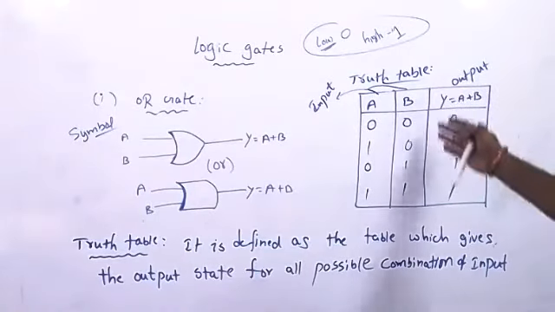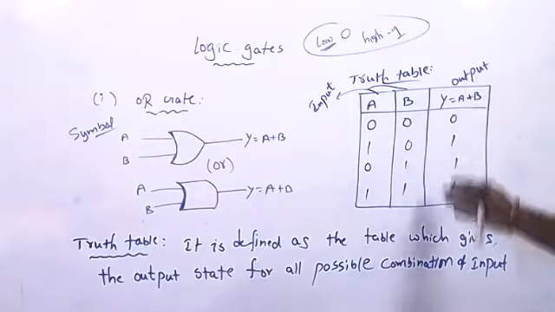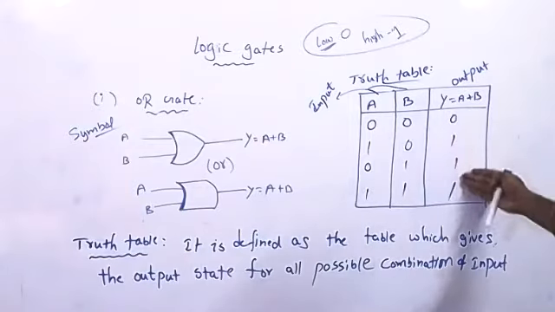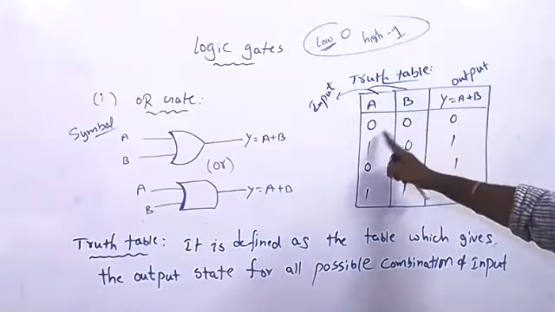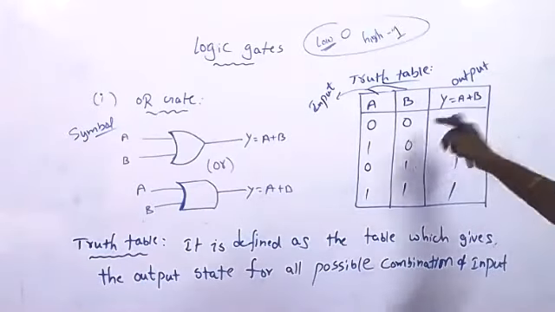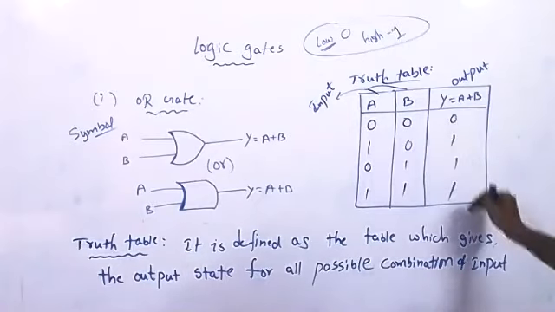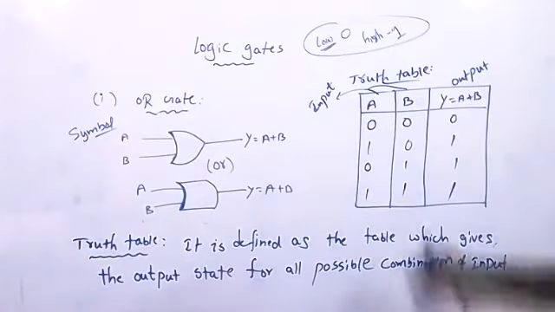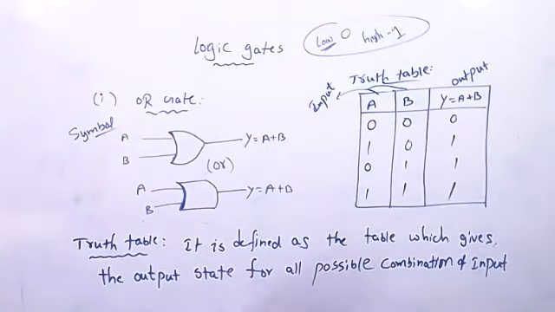So truth table is defined as it gives the output for all possible combinations of inputs. That is called the truth table. So this is about my first gate, that is OR gate. In the OR gate, except one condition, remaining all conditions, I will get high output.